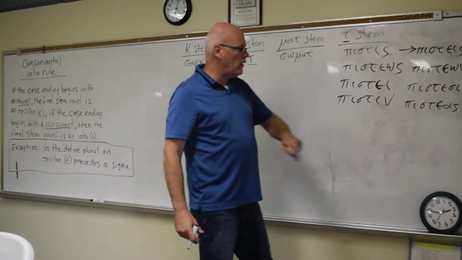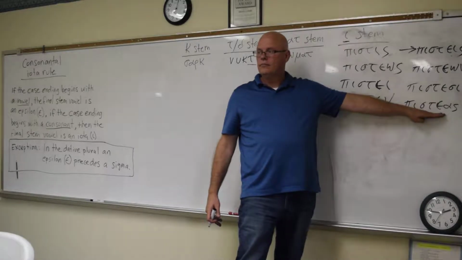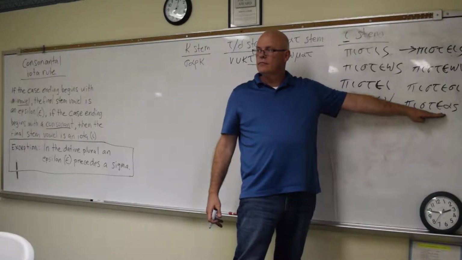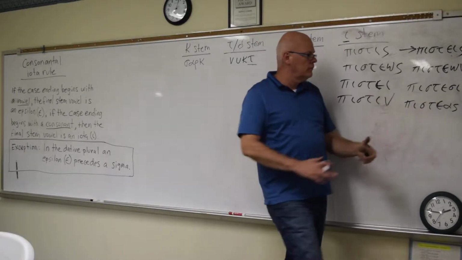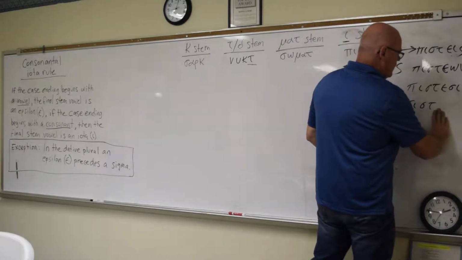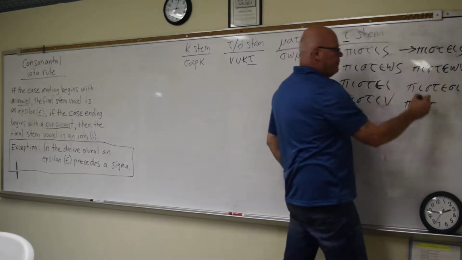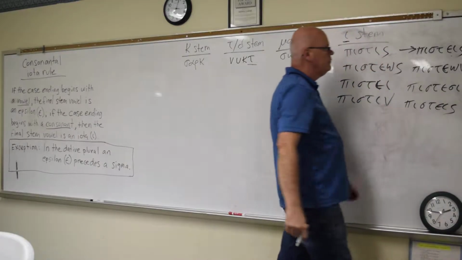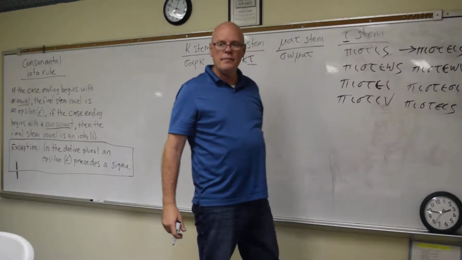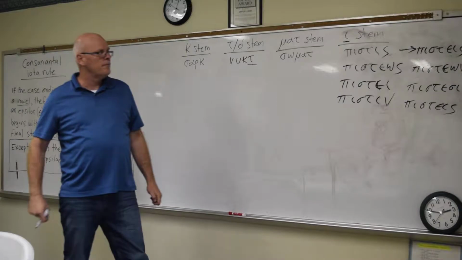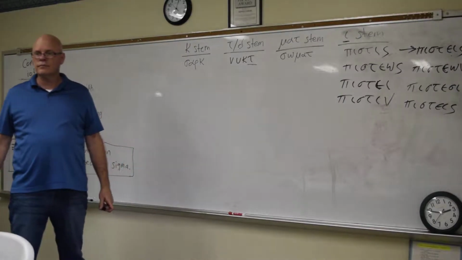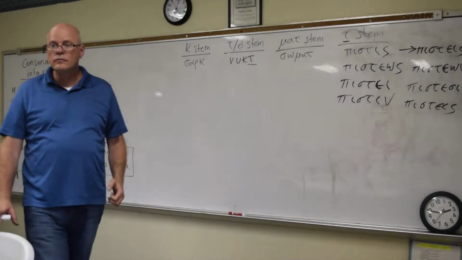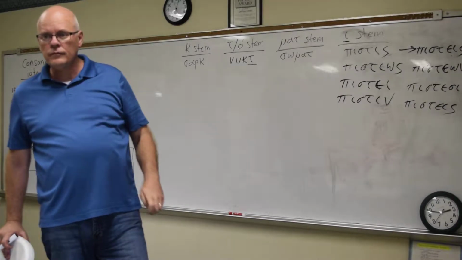So, according to that, what should this be? From the vocab list, it would be like the nominative, just like that. So these two are going to be the same. The reason it doesn't say that in the chart is because that only applies to the iota stem.